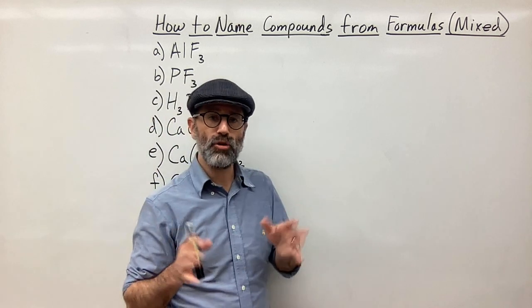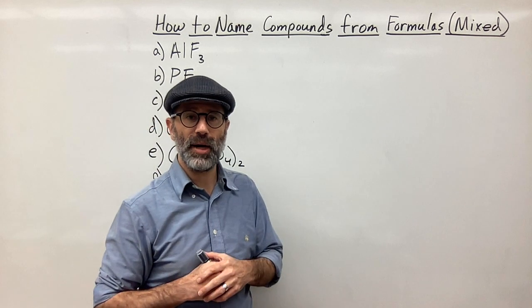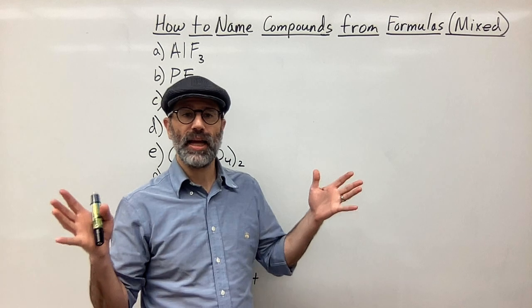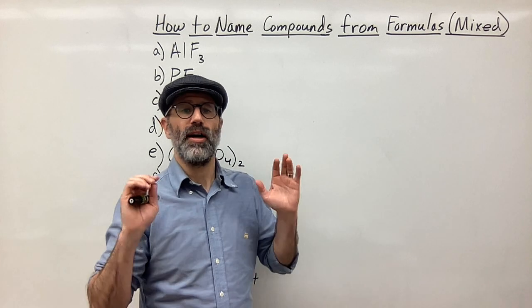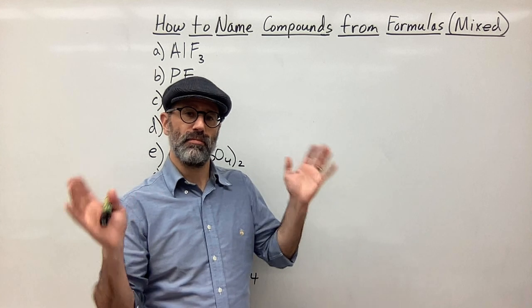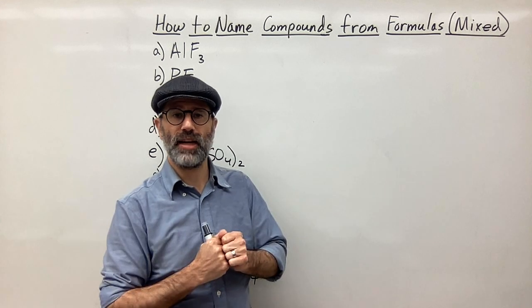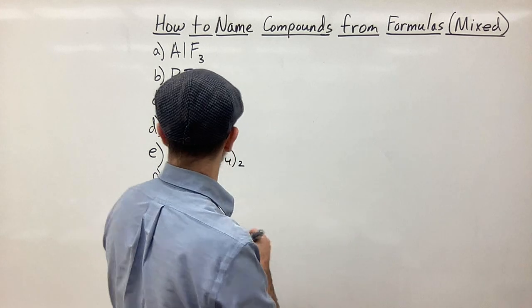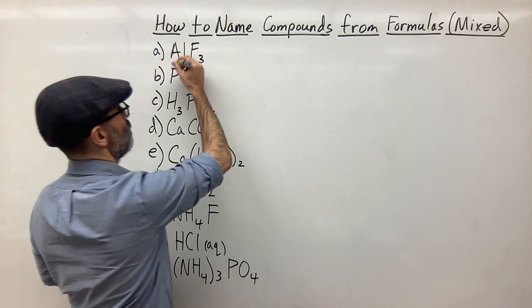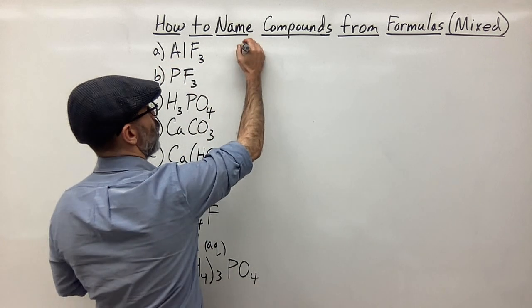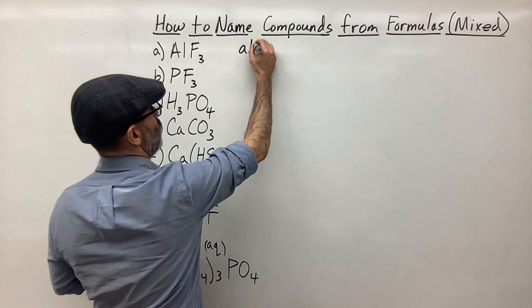Again, the way you name ionic compounds is simply put the names of the ions together. So as long as you know the names of the ions, just put those together and you've got the name of your compound. So here we got aluminum. So the name of the first ion is aluminum ion. So we'll write aluminum.